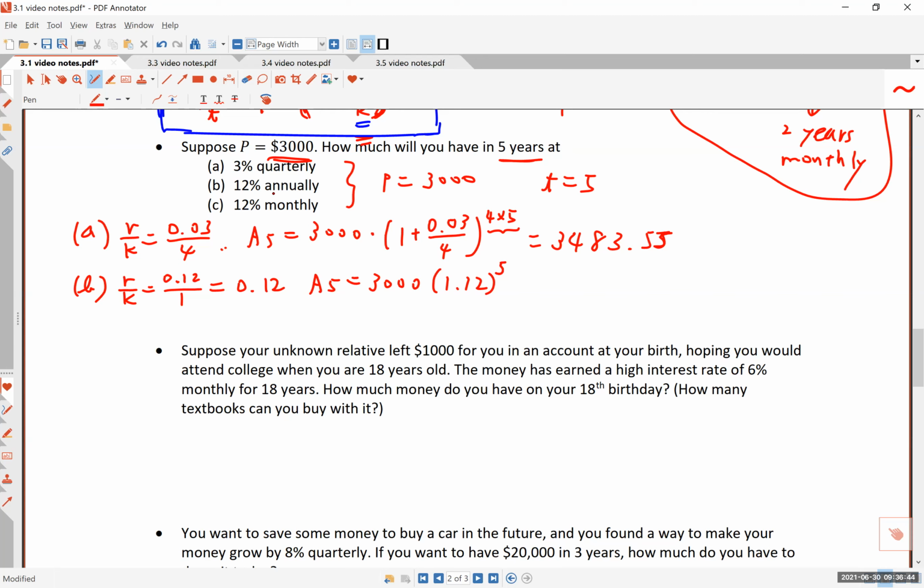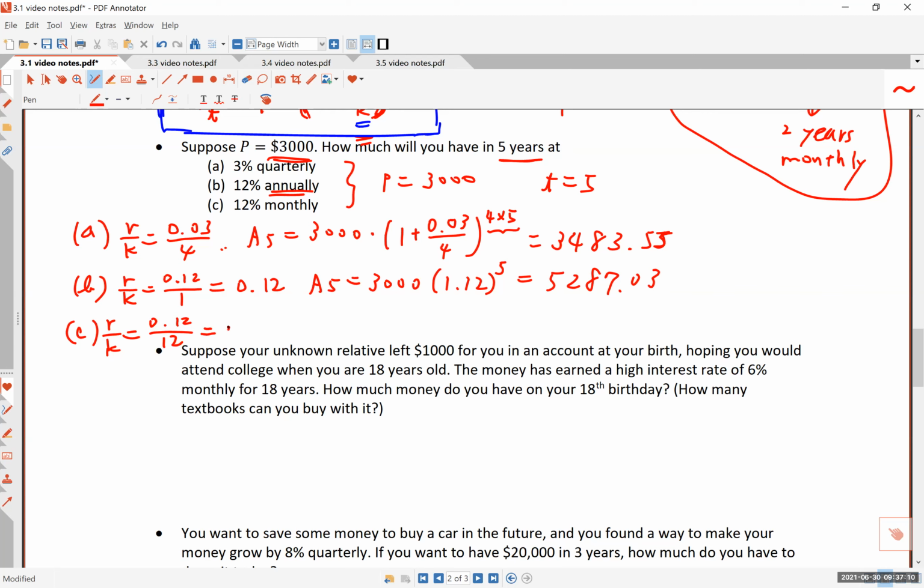And in 5 years, you have only 5 annual compound interest periods because this is once a year. So you can calculate 1.12 raised to the 5th power and then multiply that by 3,000. You get $5,287.03.